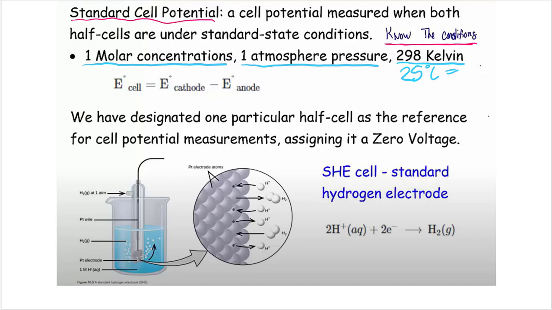These are the conditions in the lab when we generate voltage and measure it with a voltmeter. It's just called standard states. Since half reactions don't generate a voltage that you can measure, we measure potential difference. We have to have something to compare a half cell to, and that's the job of a standard hydrogen electrode.